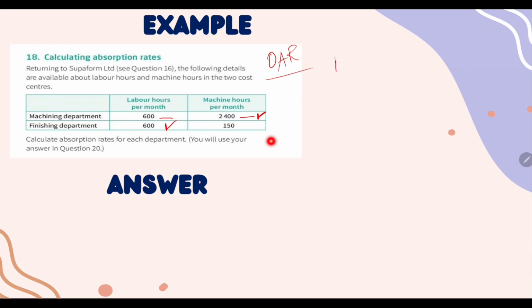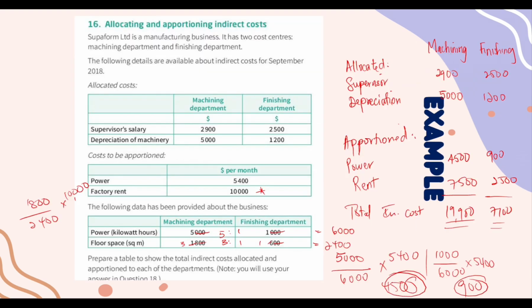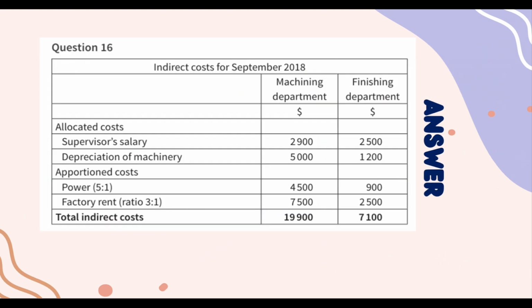So let's bring back the cost from the previous one, machining department and finishing. I think machining was 19,900. The next one was 7,100.